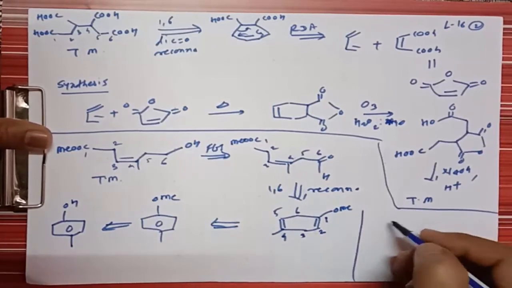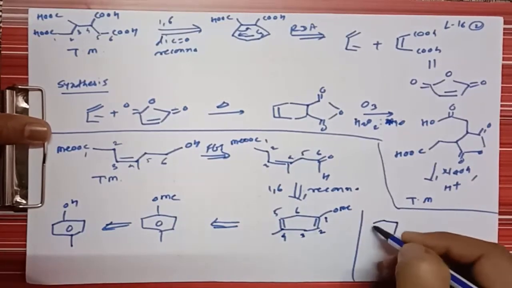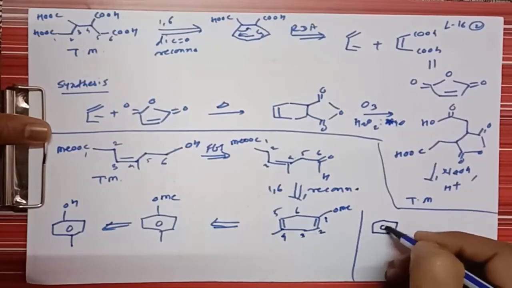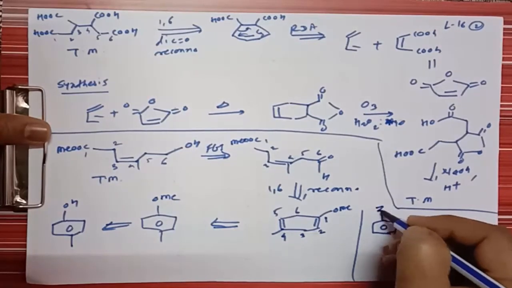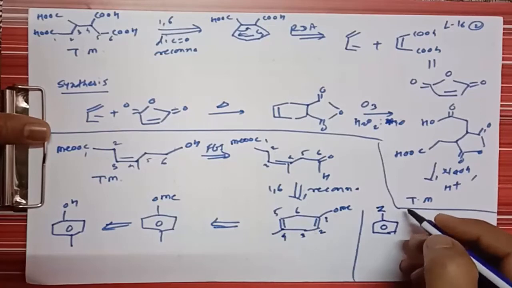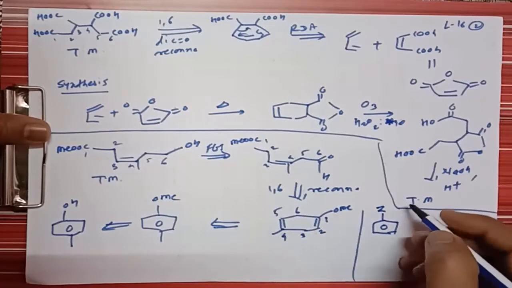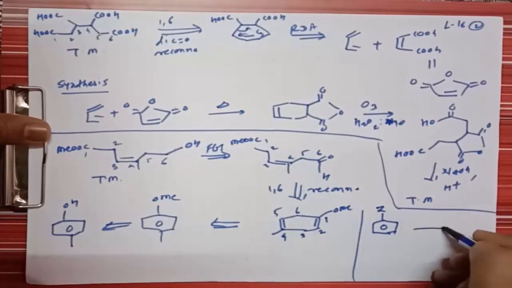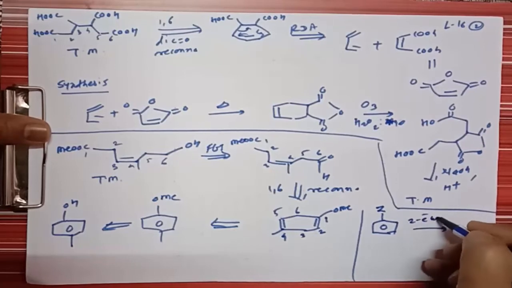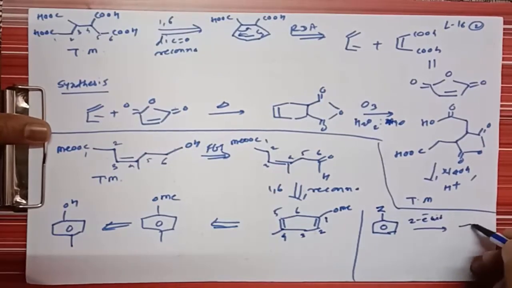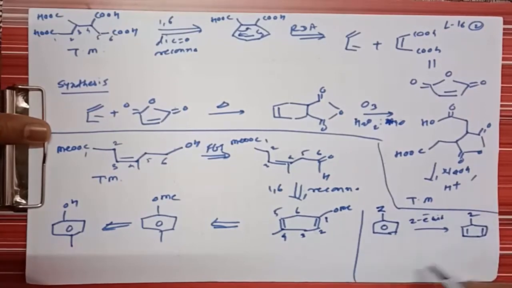Because we know that in Birch reduction, suppose there is a molecule like this, suppose there is a Z group. So if the Z group is electron withdrawing, so what it gives? It gives formation of a compound like this, that is in Birch reduction it gives such type of molecule.